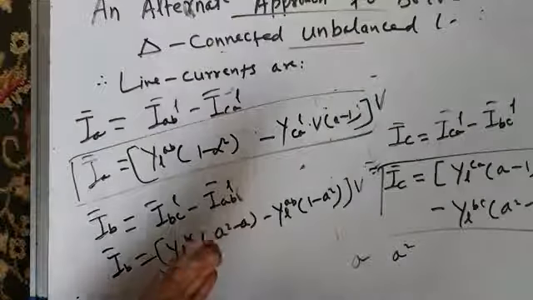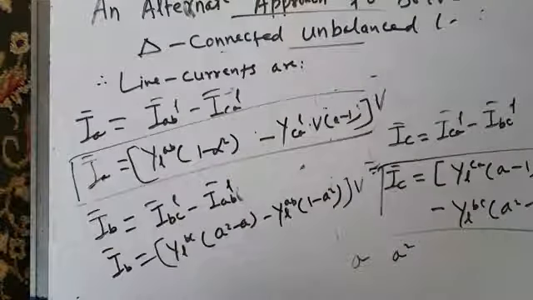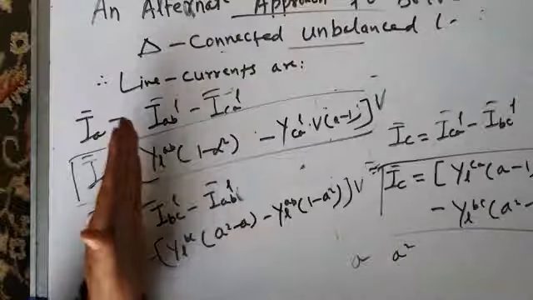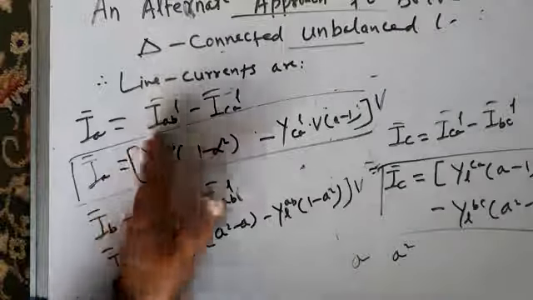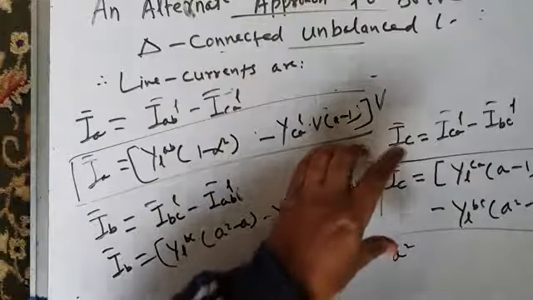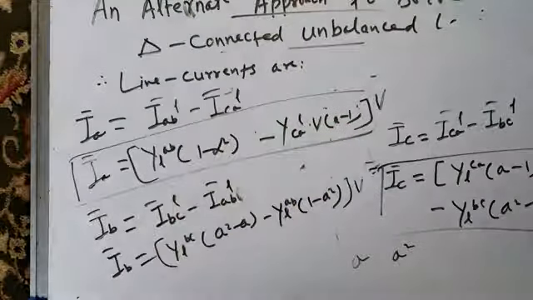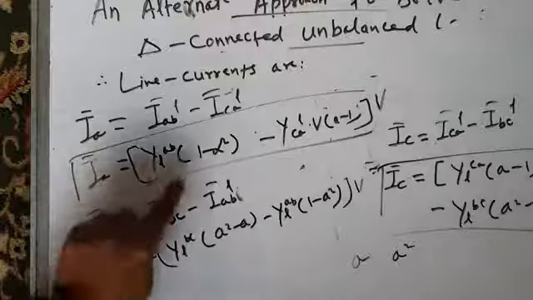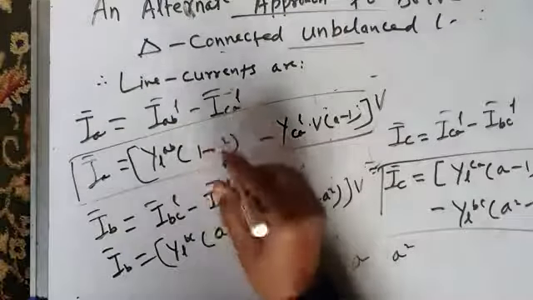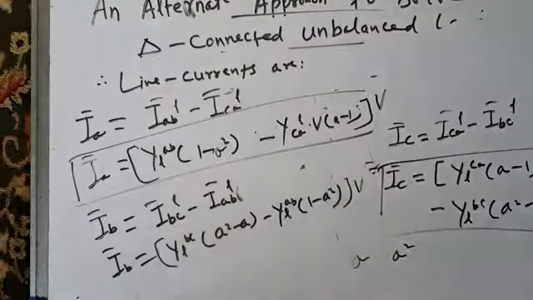So you did not transform delta connected unbalanced load into equivalent star connected unbalanced load, and number two, you did not find neutral to neutral voltage. You find the line currents in terms of these operators A and A square. Okay, so you can use this for solving a problem.